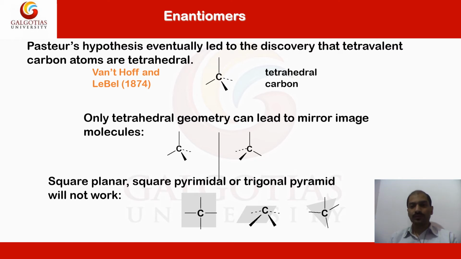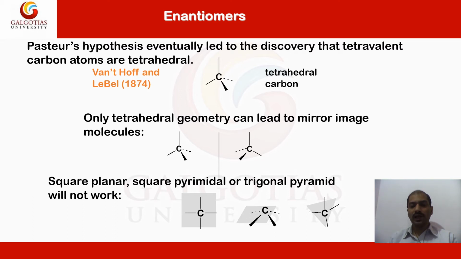Here you can see, you are aware that the tetravalent carbon atom is tetrahedral. During your undergraduate programs you might have some idea about hybridization. Van't Hoff and Le Bel gave the tetrahedral structure of carbon, especially for the methane molecule. Here is the representation.